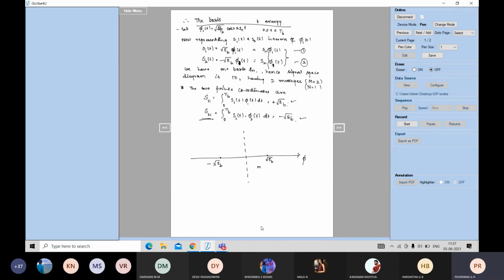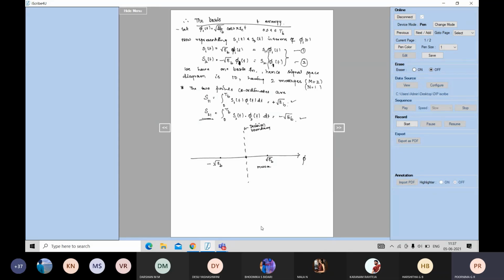Now between the message points there is a threshold point. This threshold point in the decision device will decide whether it is symbol 1 or symbol 0. So the decision boundary is 0 in the case of BPSK.